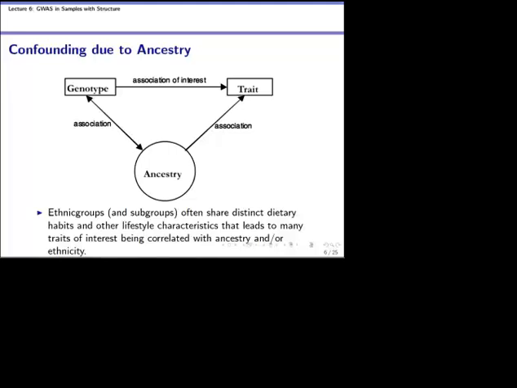Not that genetics is not important, but the environment plays a huge role. The environment is everything that's not genetic. Okay? It could be diet, exercise, where you live, stress, and that influences your outcome. If you have ethnic groups or subgroups that share similar environments, then you can have a major problem with confounding in genetic association studies, so you want to control for that.